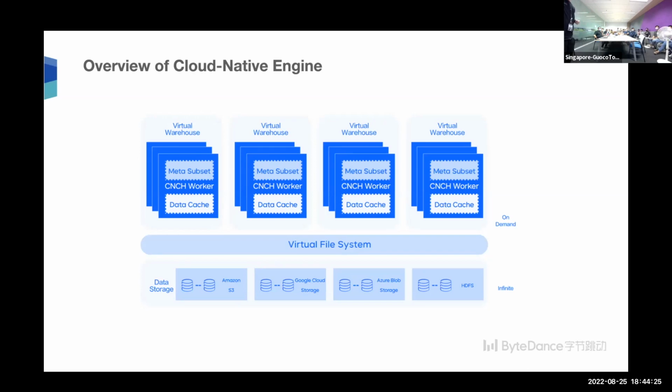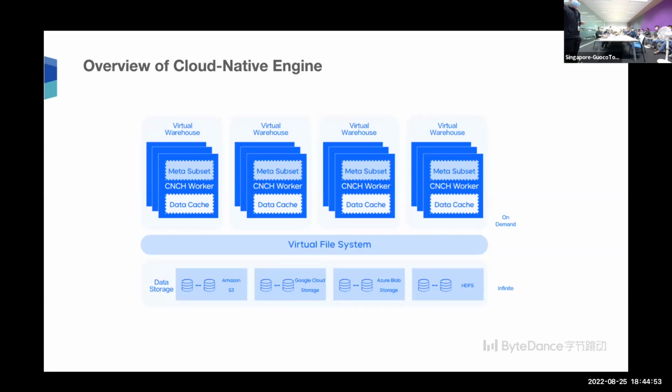Then on top of this abstraction, it's our computing resource. You can see we can split the computing resource by virtual groups, and each user can have their own computing resources. Then you are guaranteed to get isolation at the physical level.